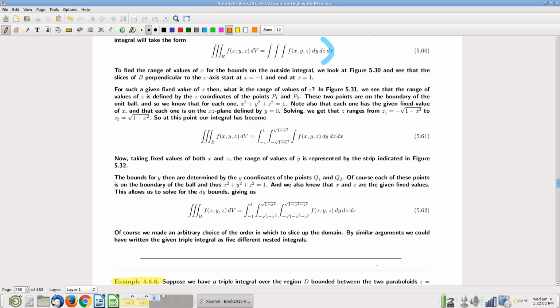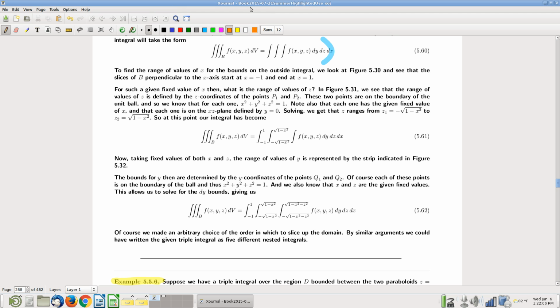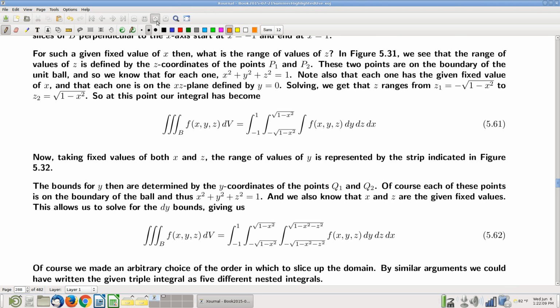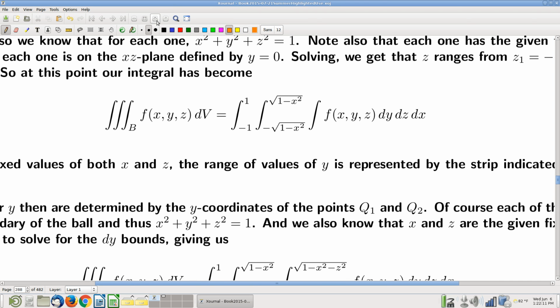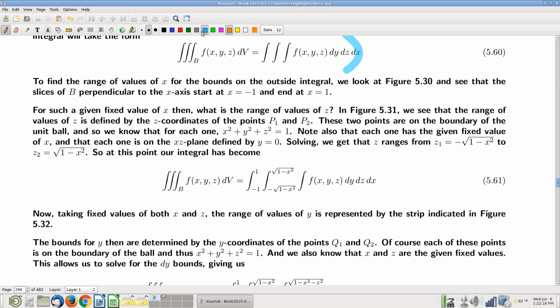All right, so back up to here. As we previously discussed, x goes from -1 to 1, and we just got through arguing that for a given value of x, z goes from negative square root 1 minus x squared to positive.